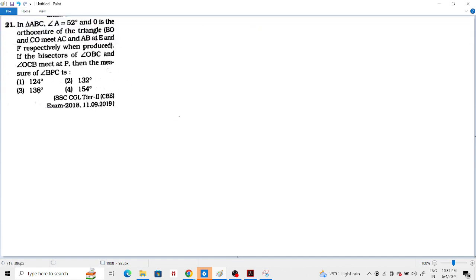Okay, so in triangle ABC, angle A is 52 degrees, O is the orthocenter of the triangle.